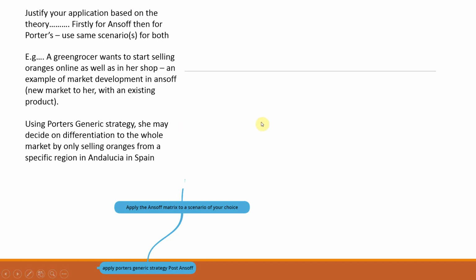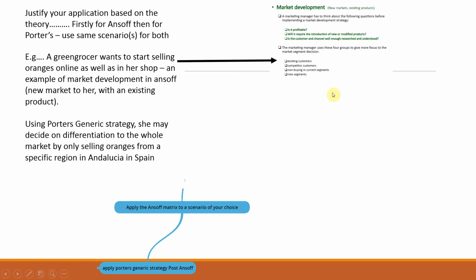So for example, a greengrocer wants to start selling oranges online as well as in her shop, and this is an example of market development in the Ansoff matrix, because it's a new market to her with an existing product. She's already got oranges as a product, but she's never sold them online before, so that's the new market bit. So you would talk around that and why she would use market development.